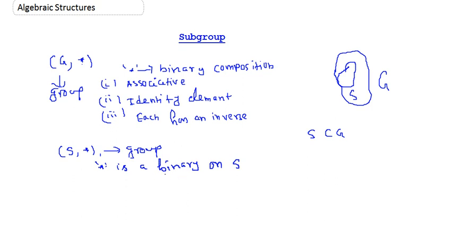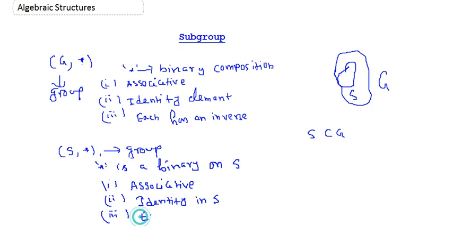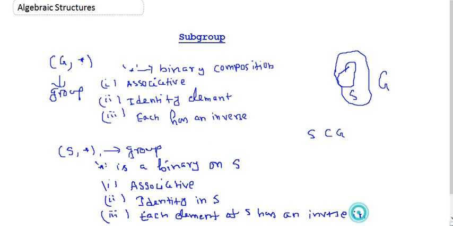Second, the composition has to be associative, and it must have the identity element in S. The third property is that each element of S has an inverse, and the inverse must be an element of S.